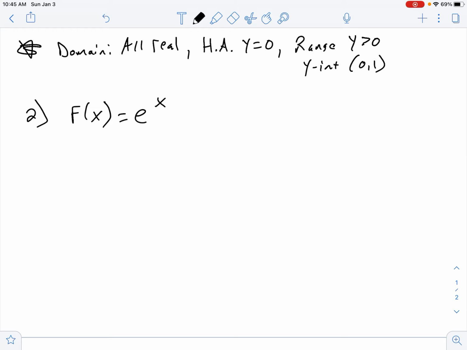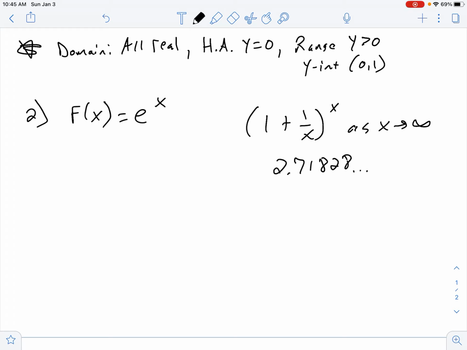If you take the expression 1 plus 1 over x, raised to the x, and evaluate it as x goes to infinity, what you get is a value that approaches 2.71828..., and it keeps going on forever.